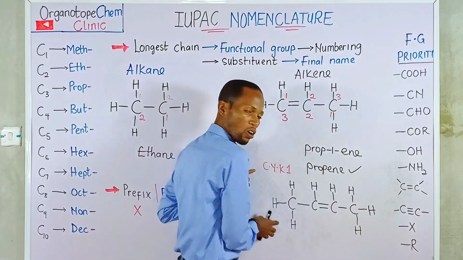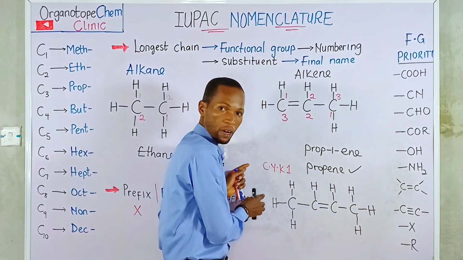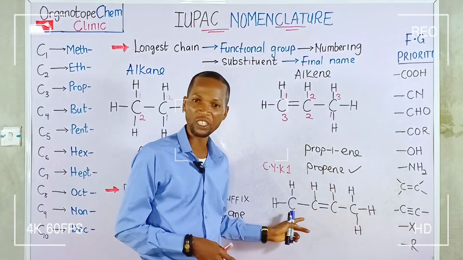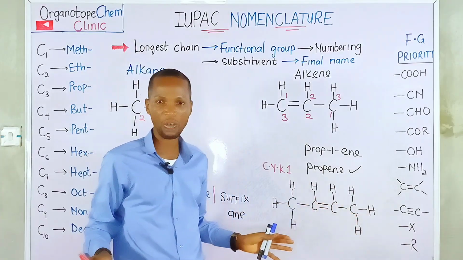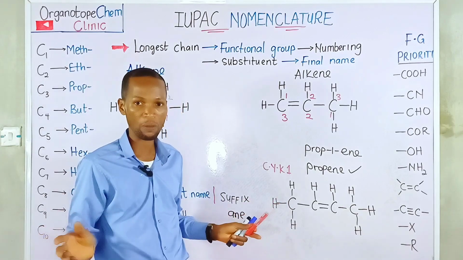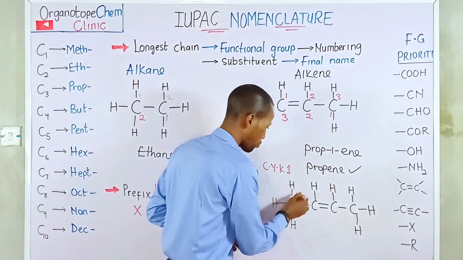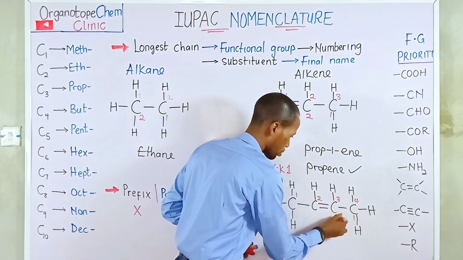Here is another compound. I would like you to pause the video while you attempt to name this compound. Alright, can we attempt the naming of this compound together? How many carbons are there in the longest continuous carbon chain of this organic molecule? That's right, we have 4 carbon atoms. So let us number in the forward direction, and we have the backward numbering as well.